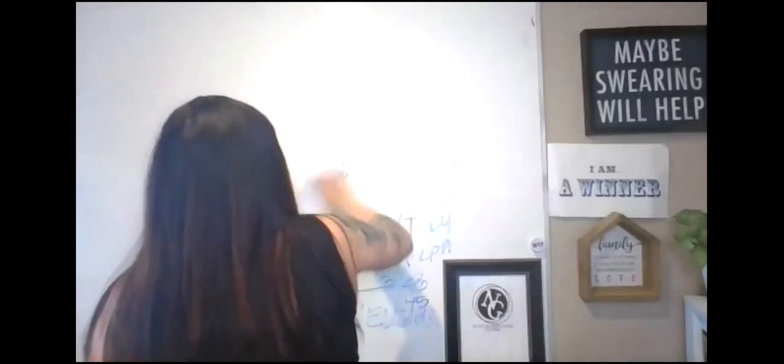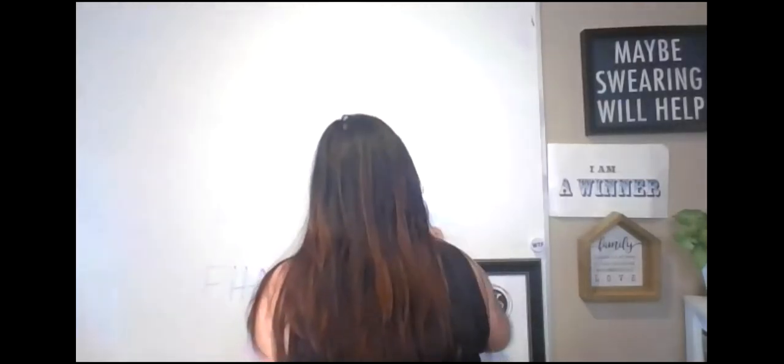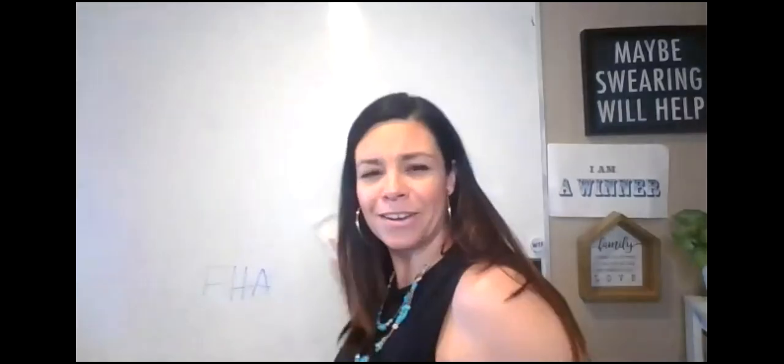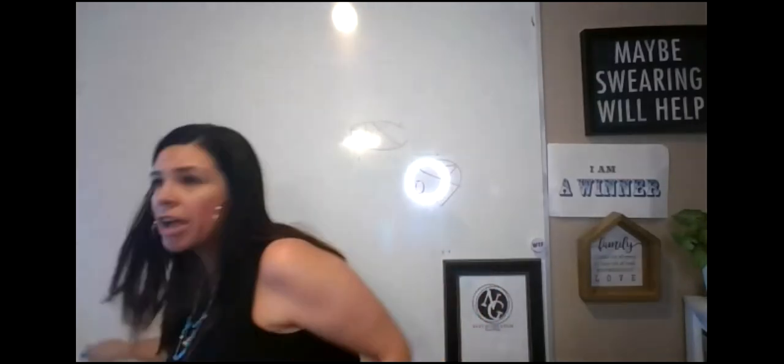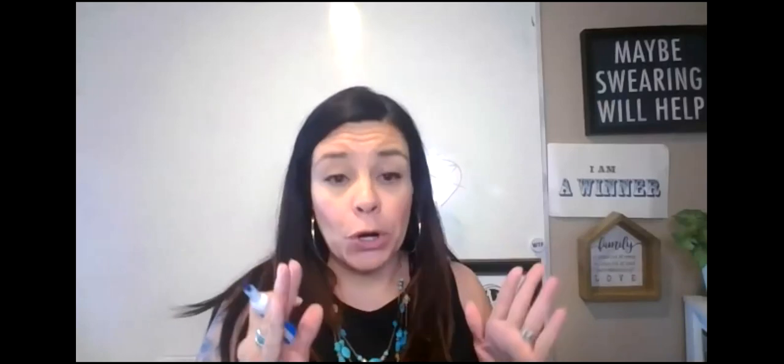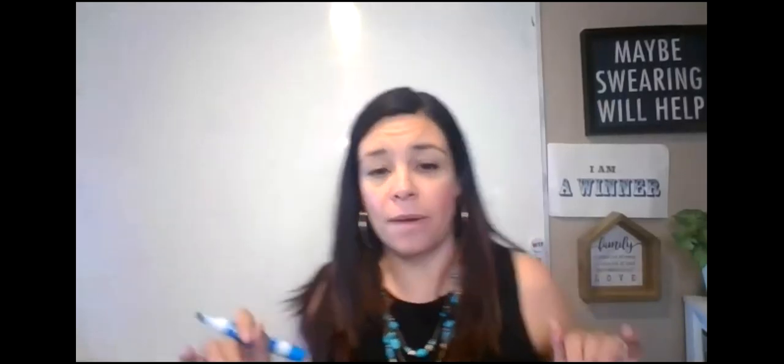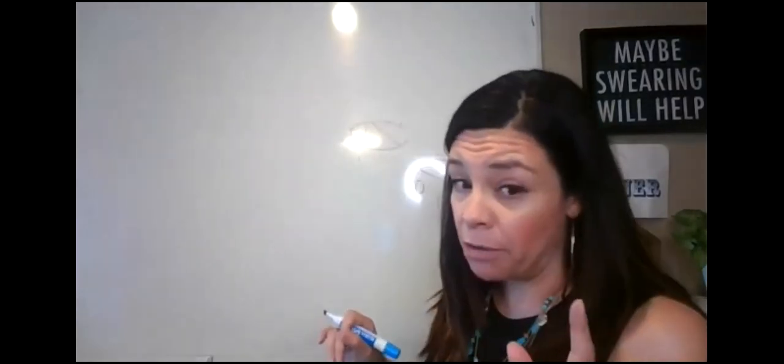Because, oh, you may not know this because I didn't know this for a really long time. Mortgage interest is paid in arrears. It has to be earned before it can be collected. What the hell did I just say? It's not like your cell phone bill.